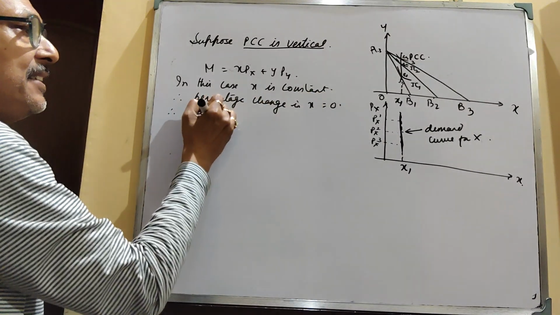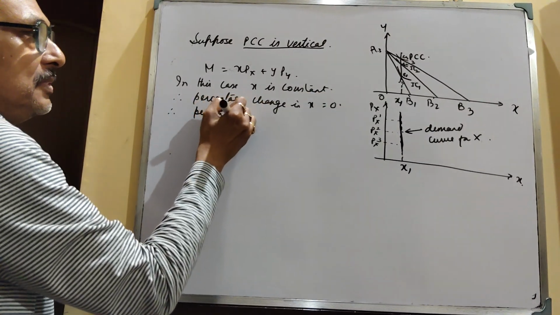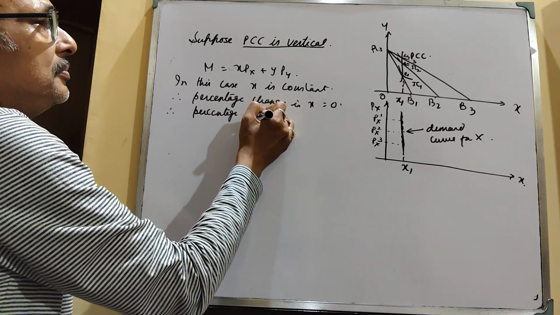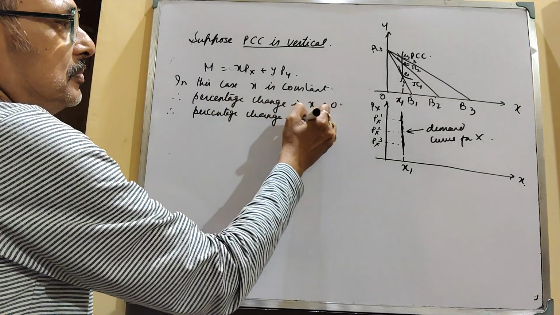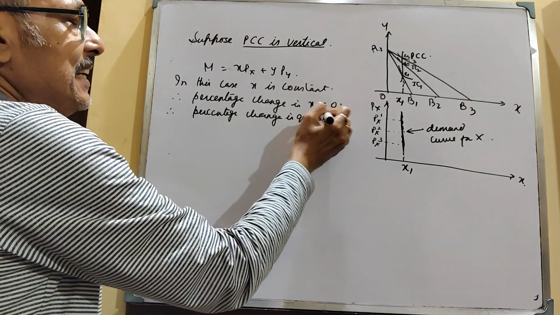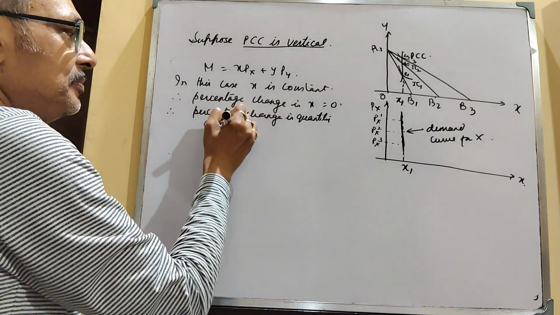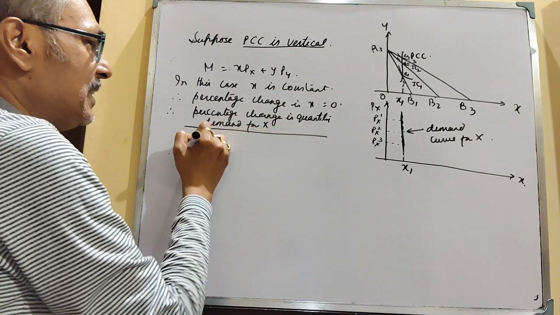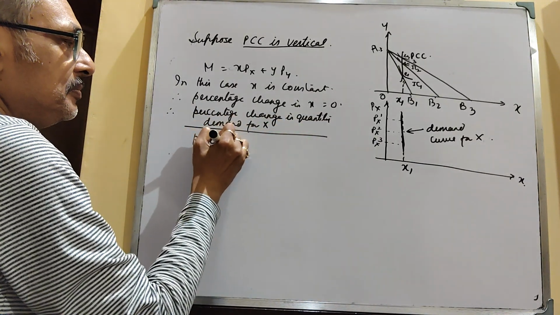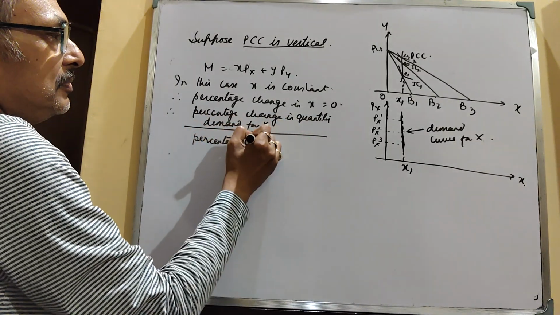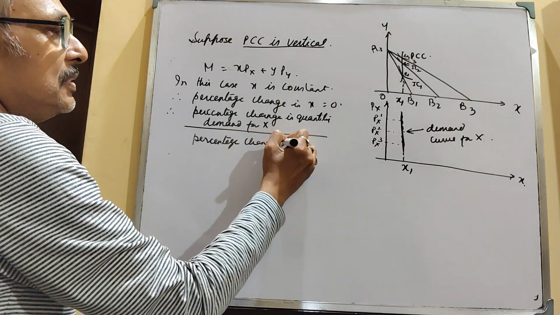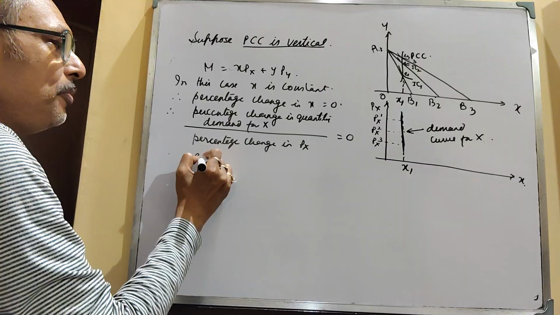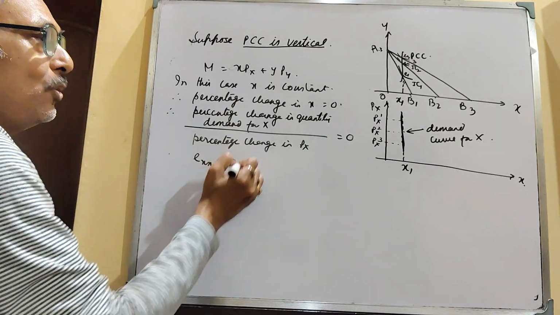Therefore, percentage change in quantity demanded for x by percentage change in price of x is 0, or own price elasticity is 0.